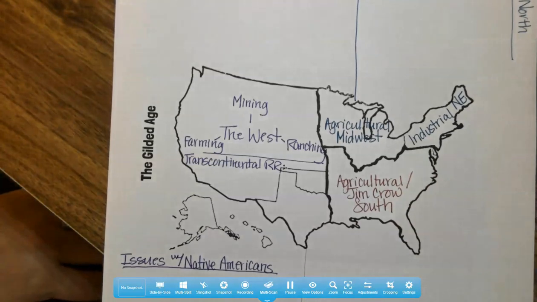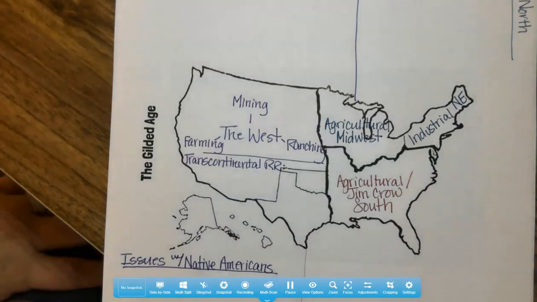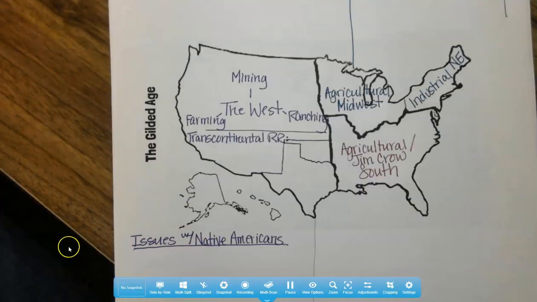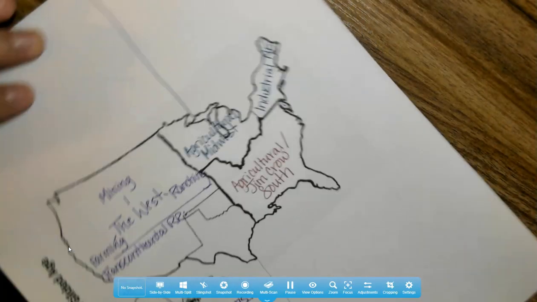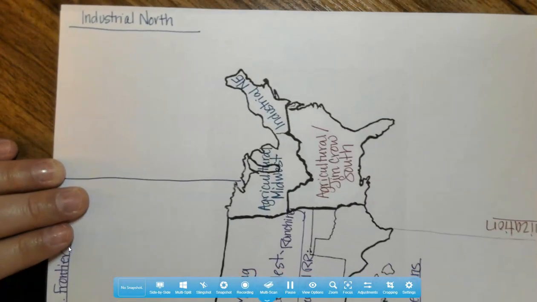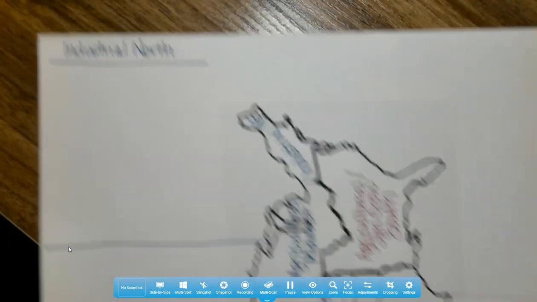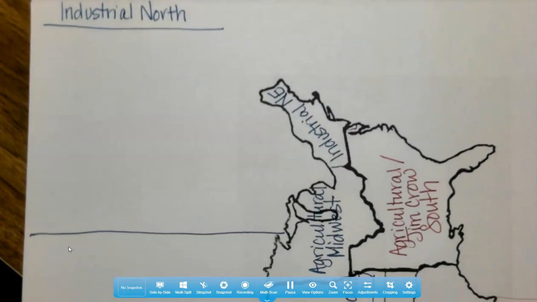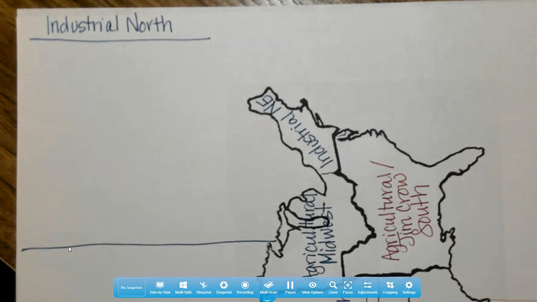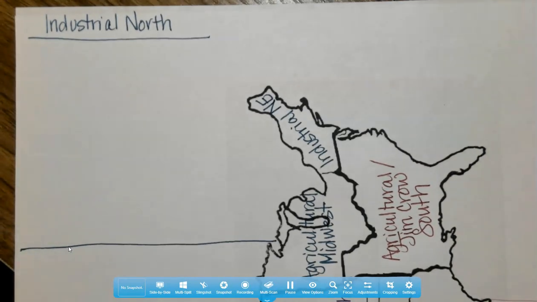Okay? All right. So we're going to come back to this. So we're going to turn our paper this way. And here we're going to start with the industrial north. Okay? So hopefully the camera will be good to us.